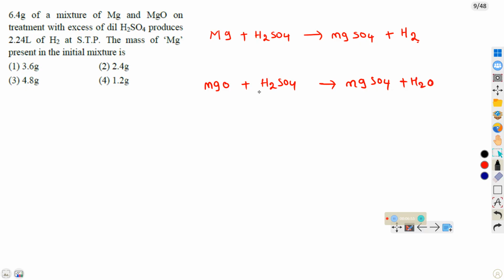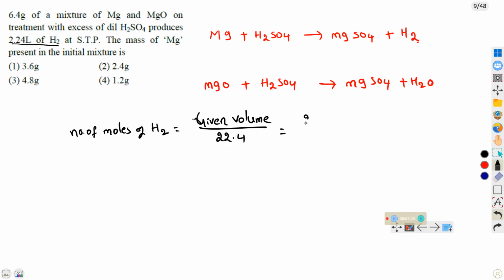Now, first calculate the number of moles of H2. Volume is given, so volume divided by 22.4 gives the number of moles. 2.24 divided by 22.4 is equal to 0.1 moles of H2.